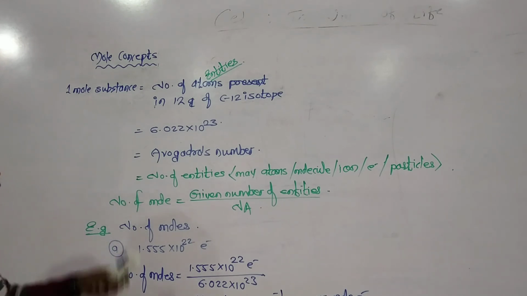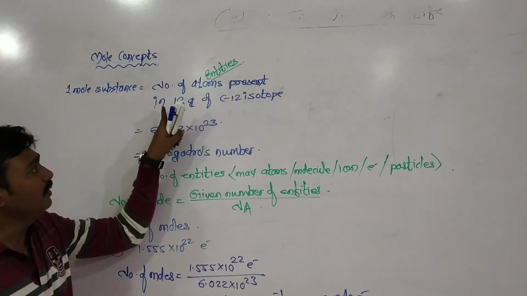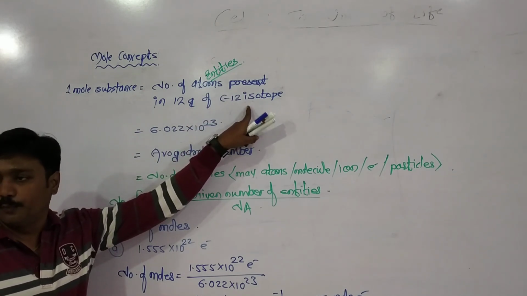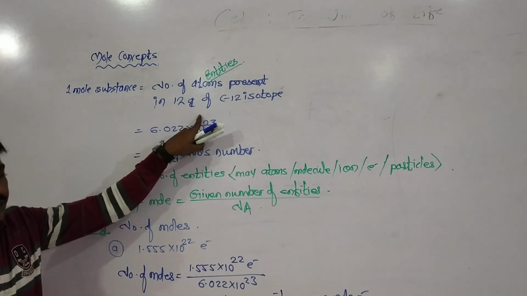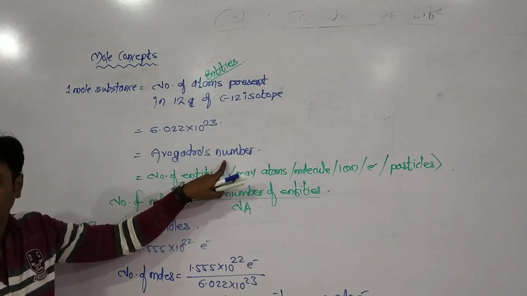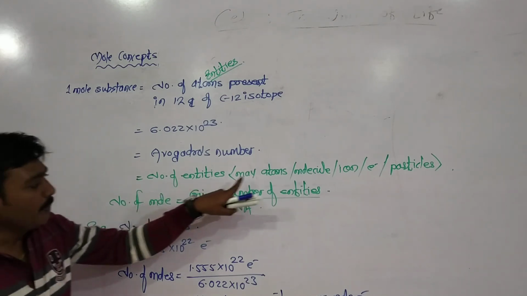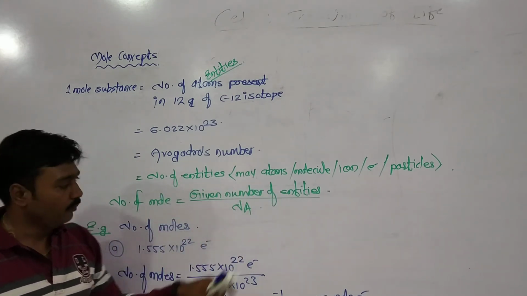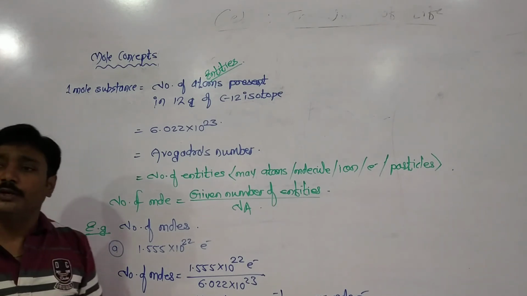The value of one mole substance is found to be the number of entities present in 12 gram of C-12 isotope, which is equal to 6.022 into 10 to the power 23, called Avogadro's number. And the number of mole formula will become given number of entities upon Avogadro's number. We will discuss some numericals for this formula in our next lecture.